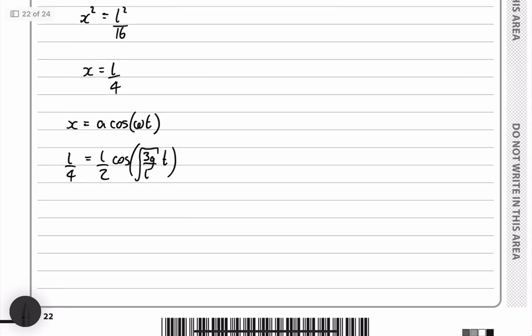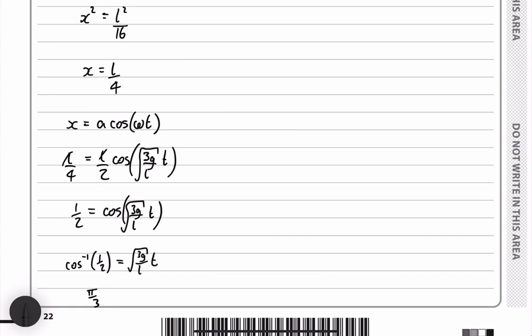Then we can work this out because the L's cancel. The 2 over there becomes 1/2. And that gives me the inverse cosine of 1/2, which in radians is pi/3, is equal to root 3g over L times t.